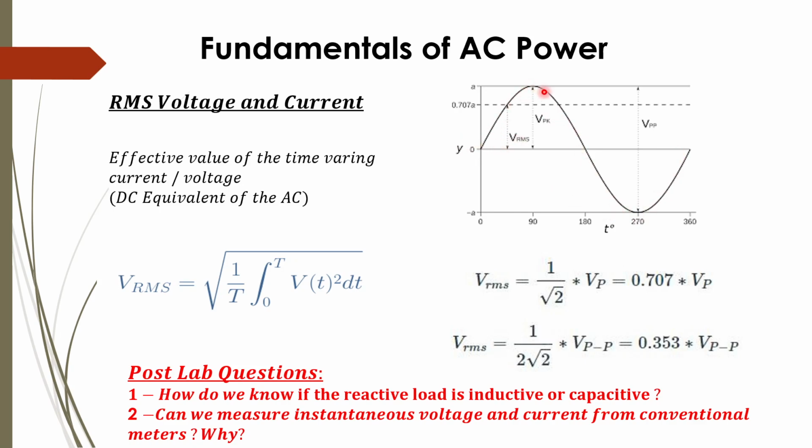If you take the average, the area under the curve for the first half cycle and the second half cycle cancel out each other, and that's why the average of an AC sinusoidal voltage signal would be zero. So that is useless information. Somehow we want to know how much AC voltage is equivalent to a DC voltage.